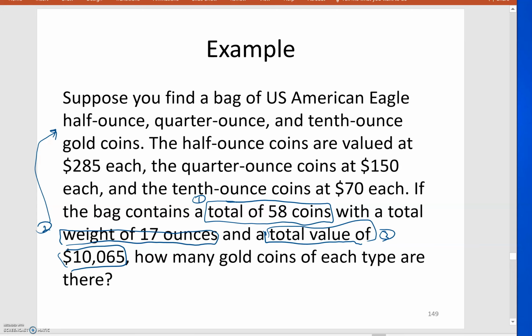We also have value information for each particular coin. All this, 150, 285, and so forth. As far as the total number of coins, though, that one we don't know how many of each there are, and in fact that's the question, right? That's the main question.